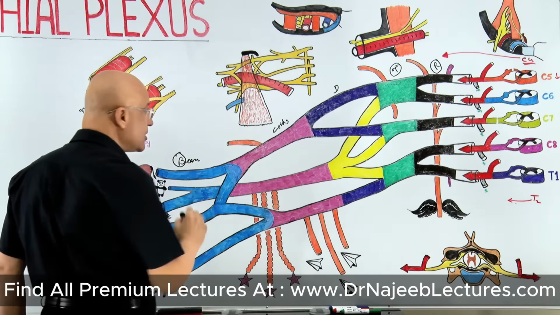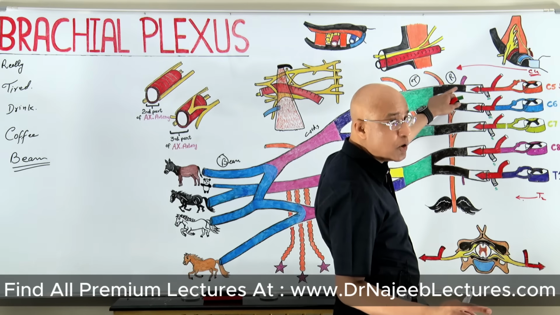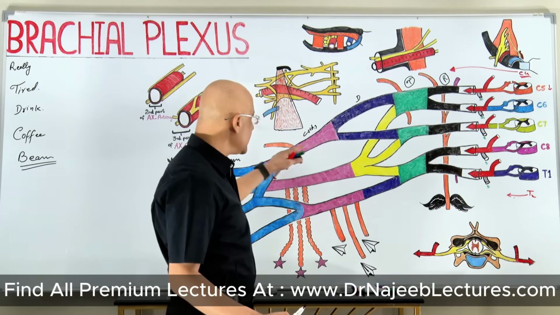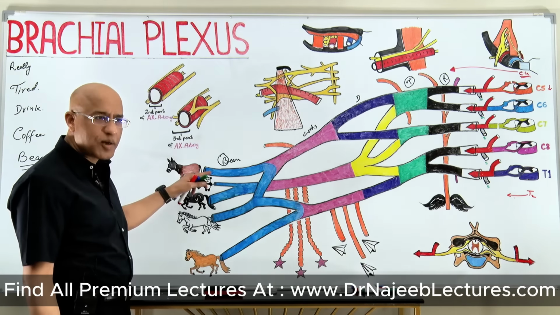So there are so many mnemonics available on Google, but one of them is this, if you want to remember it. First of all, in most medical literature, the brachial plexus explanation starts with the roots, right? So there are roots, there are trunks, then there are divisions, then there are cords, and then there are beans.